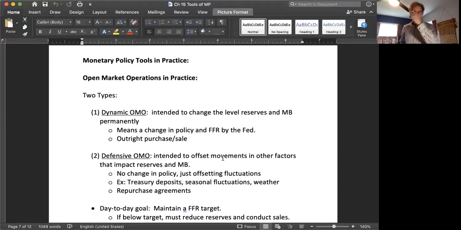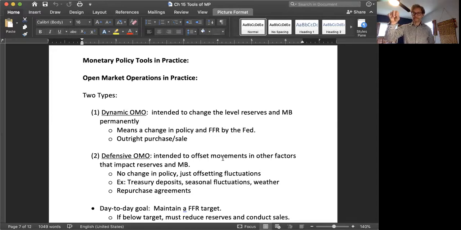This is different from when the Fed conducts what's called a defensive open market operation. A defensive operation means the Fed's not trying to change its target, it's just trying to hit the target, right? So for instance, if the Fed has a target of 2% for the federal funds rate, but the interest rate has ticked up to 2.1%, the Fed is just going to want to drive it down a little bit back to its target.